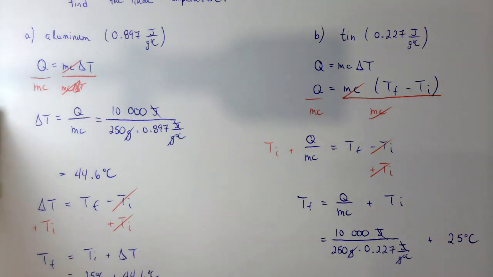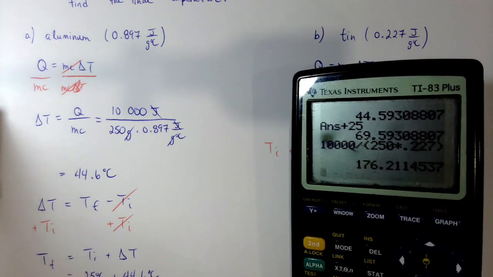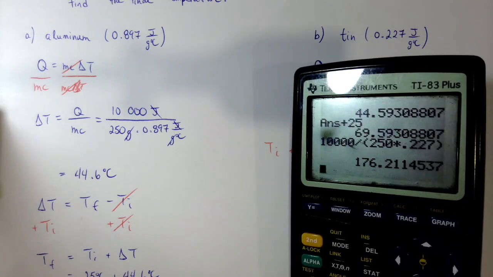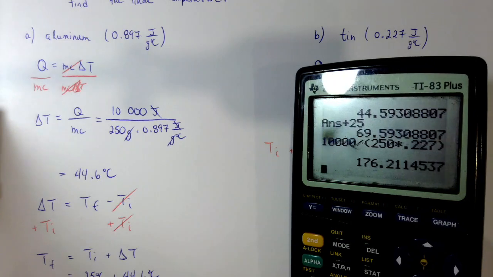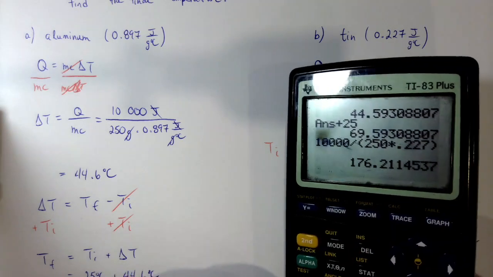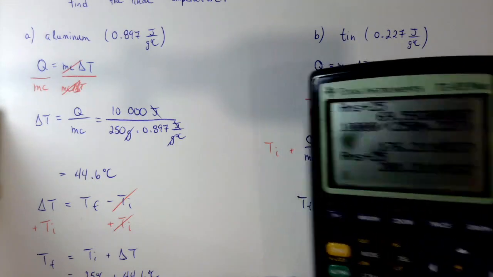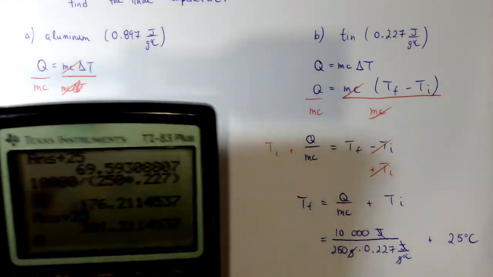Okay, 10,000 divided by bracket 250 times 0.227. When I put that in my calculator, I get 176. So that's basically my delta T, but now I'm going to add it to 25, which is my initial, and I get 201.